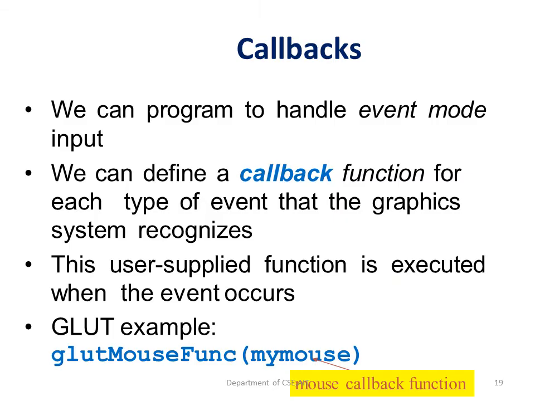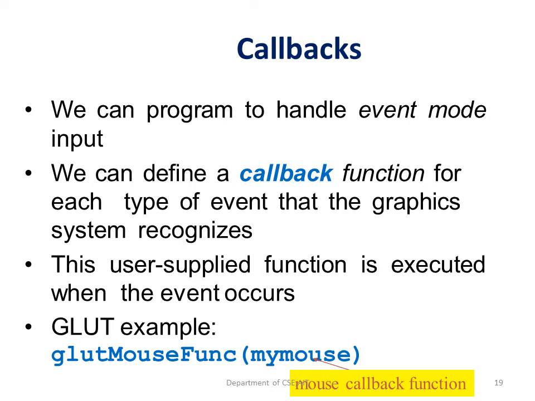We can have a program which can handle multiple events. The events are given as input and they are placed in the event queue. A graphical system recognizes multiple types of callback functions, and these functions will be supplied by the user whenever the particular event occurs.